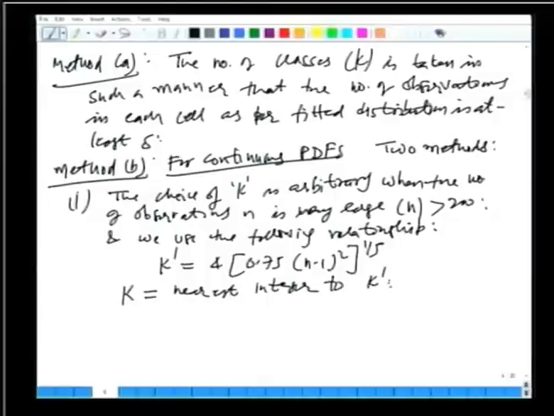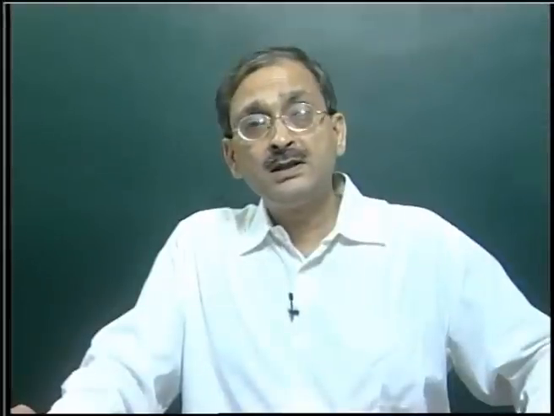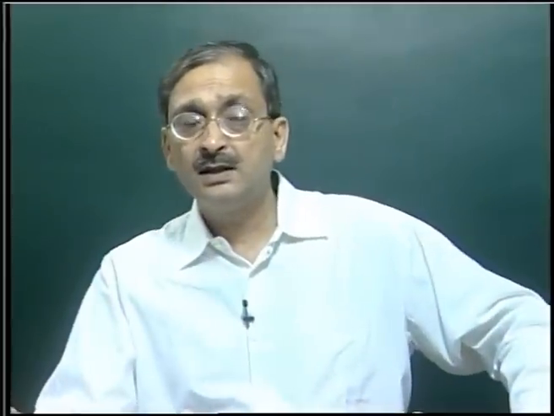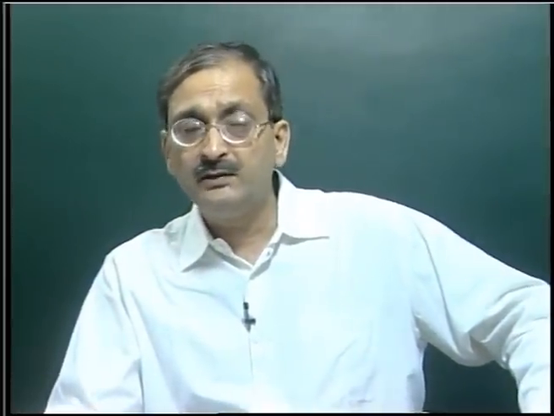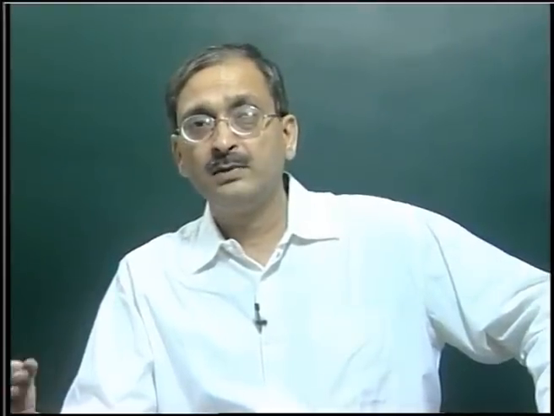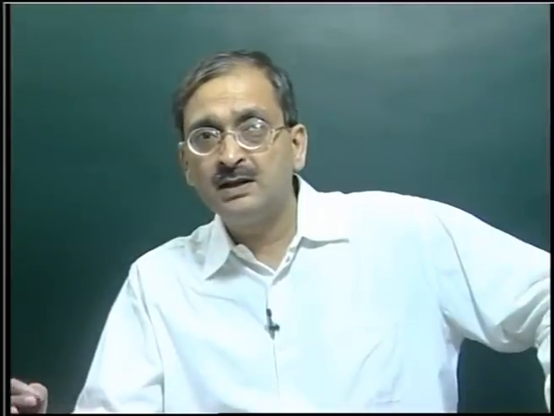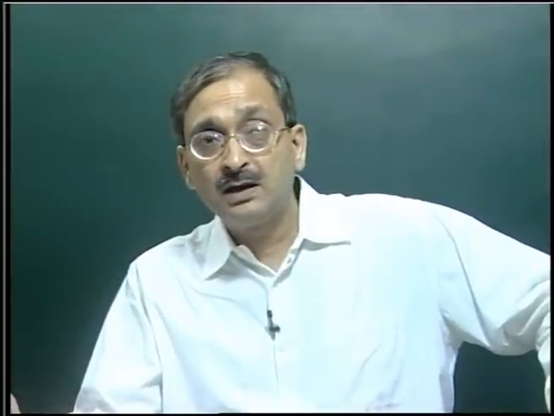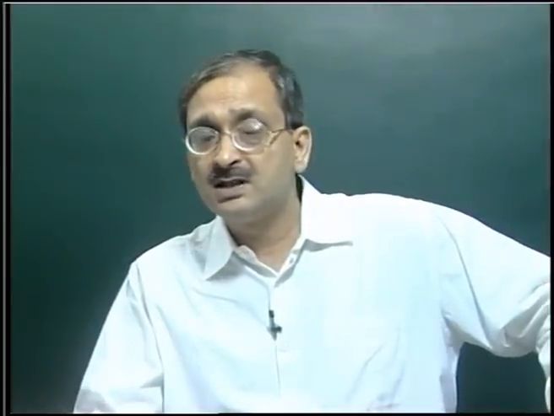So, the first method is applicable for the cases when the data set is very large, n is more than 200 or something, then we calculate K prime using the equation we have just seen, and then we take the nearest integer and we say that this is the value of K. All right. It is more or less actually arbitrary or empirical. When we have a lot of data points, then the choice of K is not very critical, because you will have lots of observations in each cell.